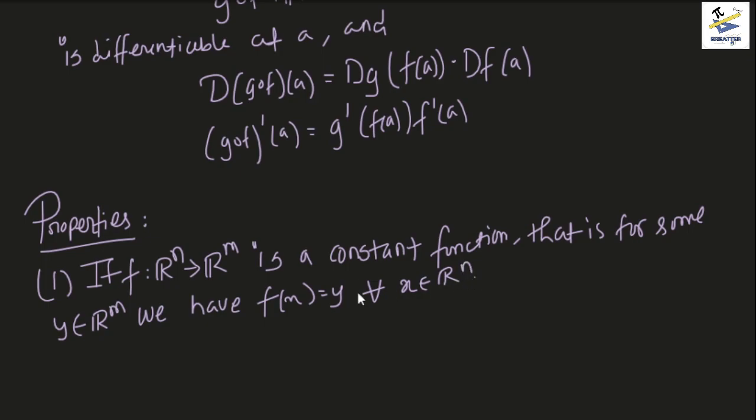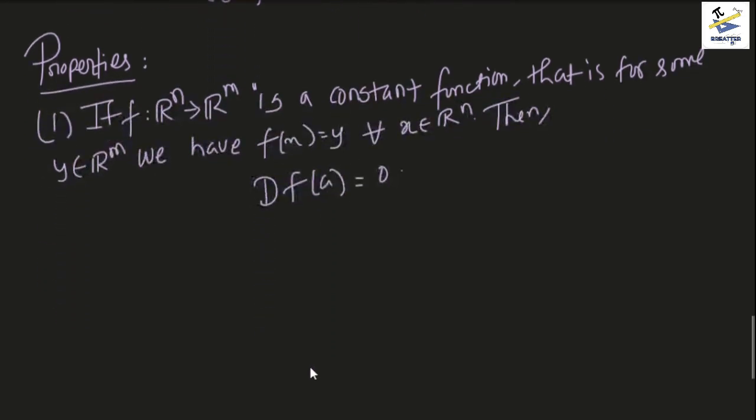So no matter the input, the output is always y for some y. That is why we call it a constant function. Then d of f at a equals 0 for all a's. So the derivative is 0, and as you can see, it is analogous to the one variable case.